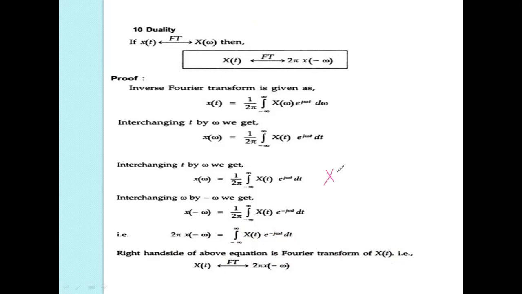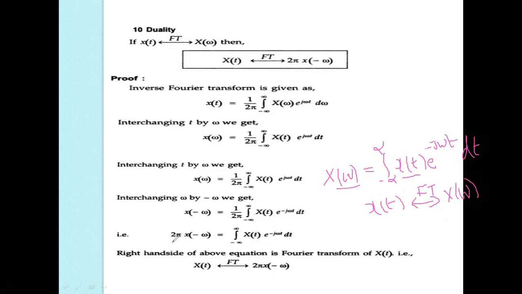The Fourier transformation of x of t says that X of omega is equal to integral minus infinity to infinity x of t e power minus j omega t dt, the definition of the Fourier transformation. In this, x of t and X of omega are pairs.